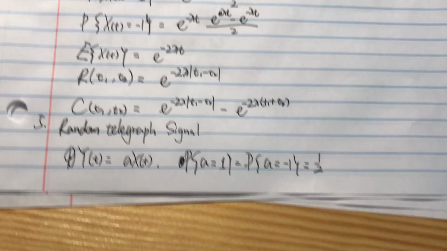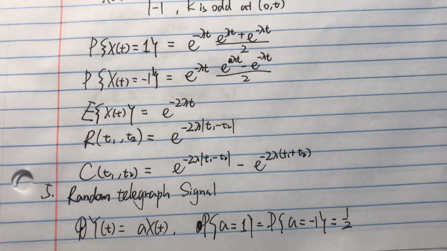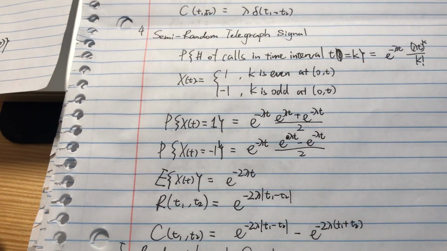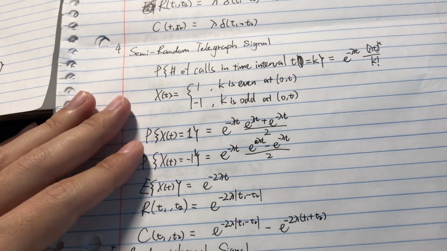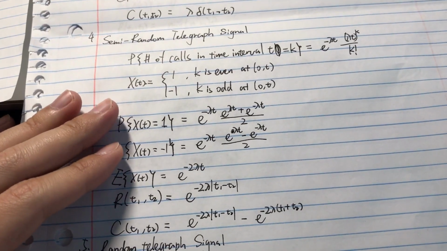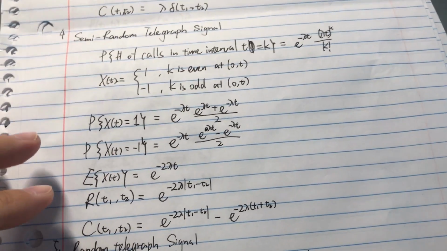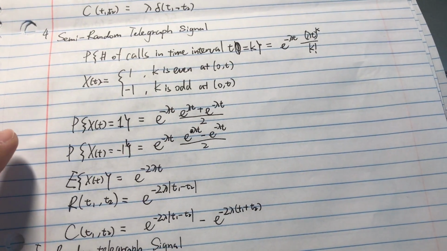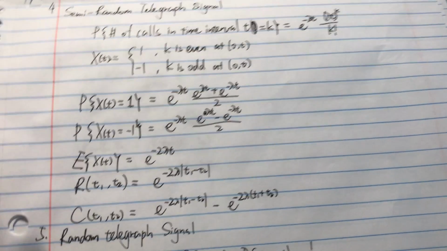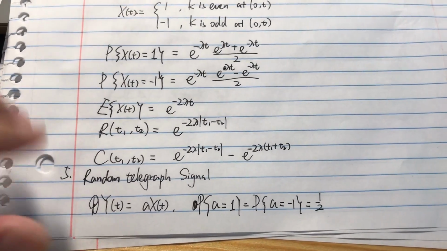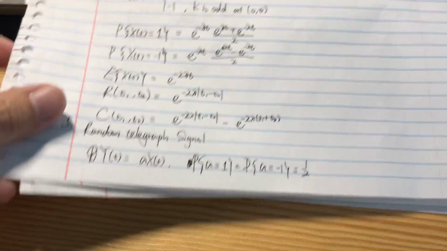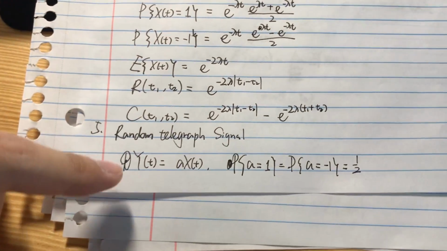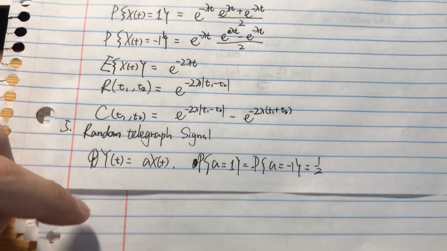And the next one is a random telegraph signal. So of these two signals, this one is a semi-random telegraph signal. It is semi-random because we know that x at t equals 0 starts from 1, so it's not actually truly random. And for this one we multiply by a random variable a out here.